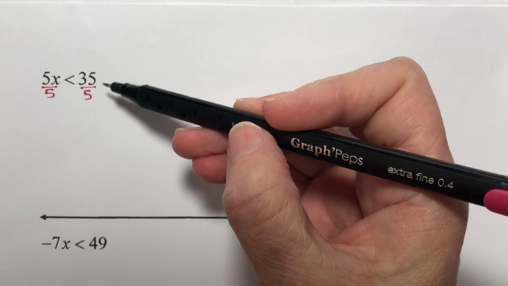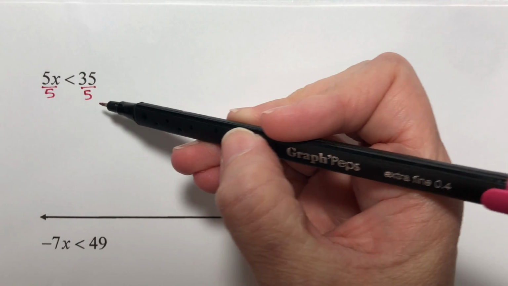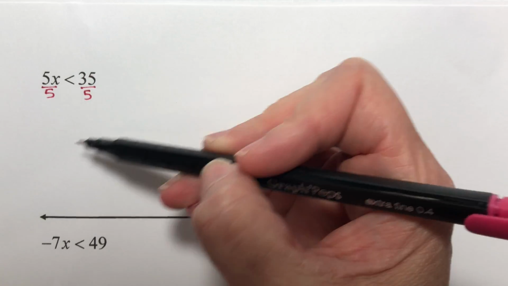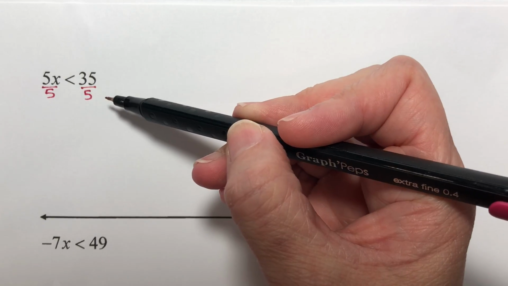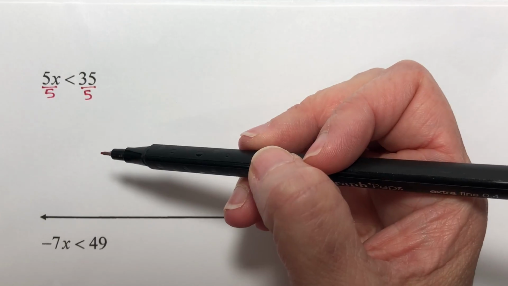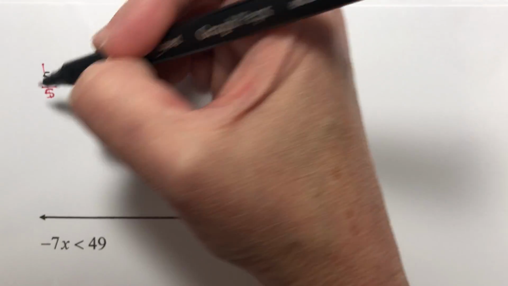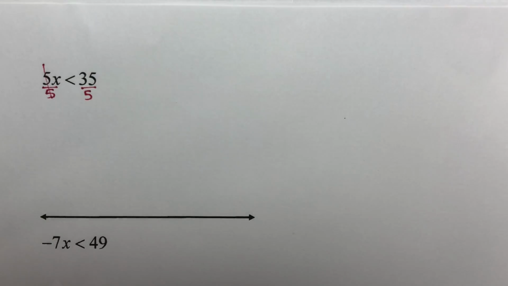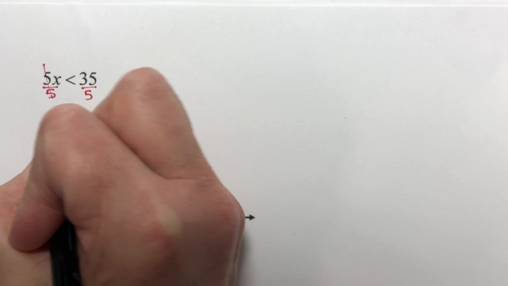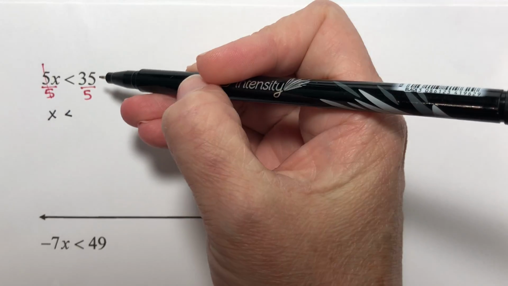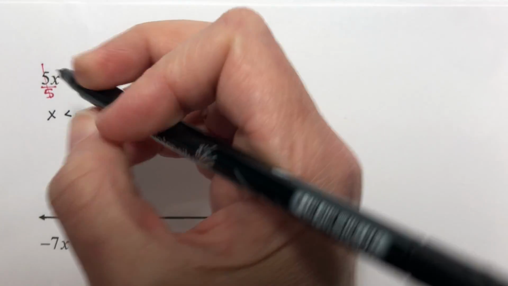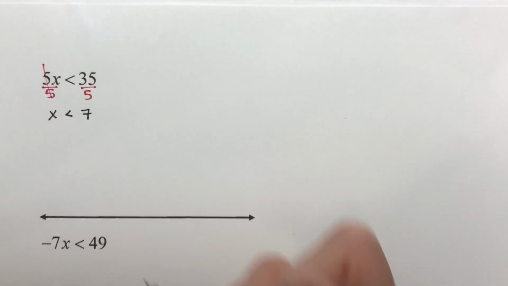You have to ask yourself, did I divide by a negative? No, there aren't any negatives in here at all. So I do not have to flip my sign around. 5 divided by 5 cancels out. It's a 1. So I get 1x is less than 35 divided by 5, which is a 7.